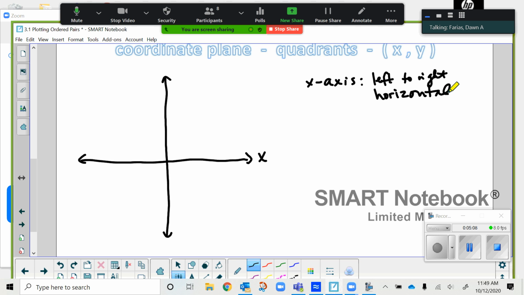And the one that goes up and down, we usually label it with Y, and we call that the Y-axis. That goes up and down or vertical.